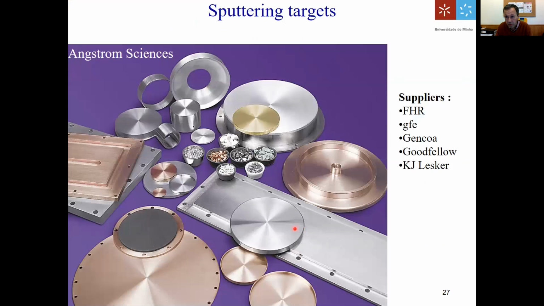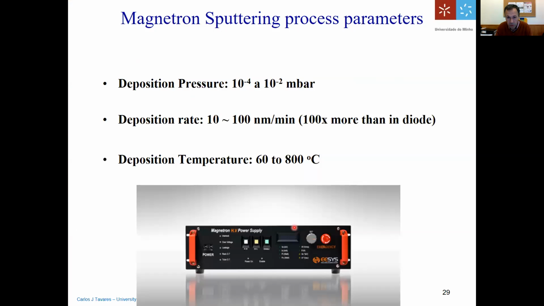And you also decrease the operating pressure, so you will have less residual gas in the system and higher purity in your films. Normally the deposition temperature is between 60 and 800 degrees.